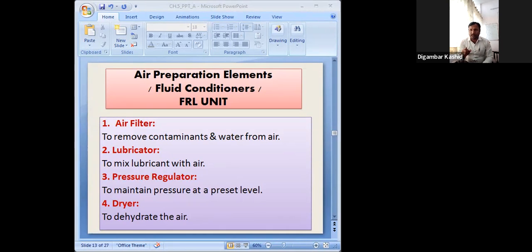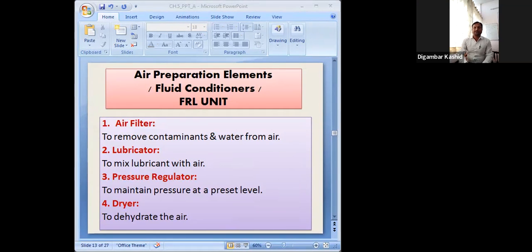The atmospheric air is compressed in the compressor, and obviously that atmospheric air is not clean, because it contains many contaminants, such as smoke, dirt particles, water vapors, etc. All the contaminants are available in the atmospheric air, and we are compressing it in the compressor. In the compressor, we are not filtering. So for that purpose only, we are taking this air preparation element with the filter unit.